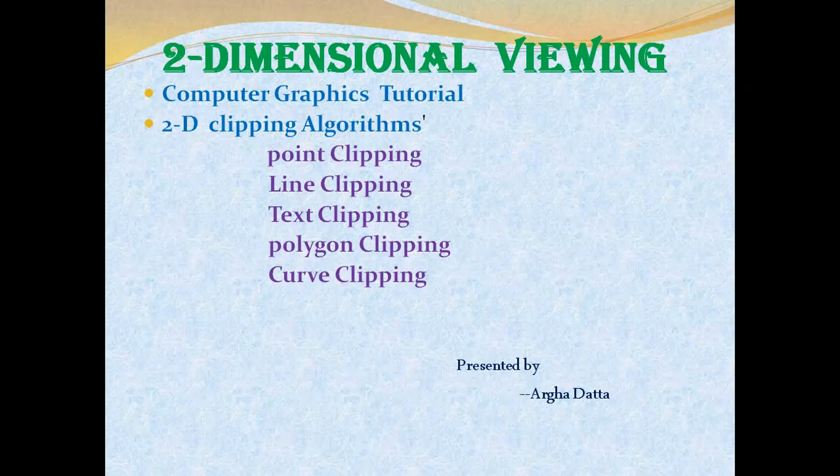Clipping algorithms define how much area, which sub area or part, is inside or outside and needs to be clipped or cut. There are various clipping algorithms. In this topic we discuss point clipping, line clipping, text clipping, polygon clipping and curve clipping. In this video we only define point clipping and line clipping.